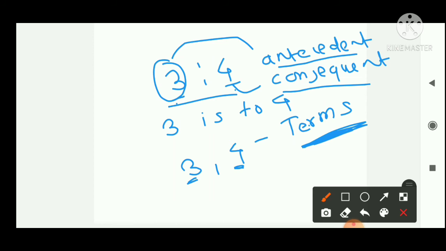Also remember that a ratio has no unit, as it is expressed as a fraction. And the order of terms in a ratio is very important. These are the three facts that you have to remember while solving examples. So we can understand by solving further examples.